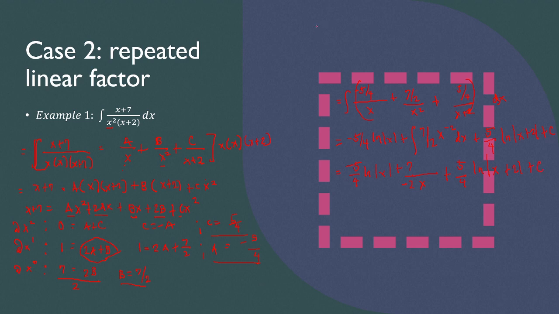Wait, let me verify, because we are sometimes careless. So we have x at the bottom, negative 7/2. Okay? That's negative 5/4, or let's factor out the 5/4.